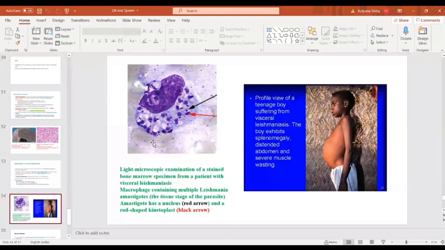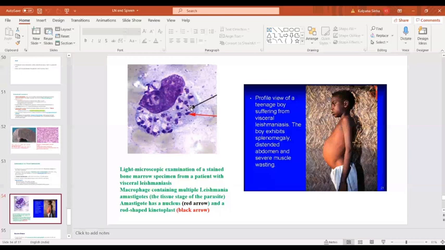You can see this is a bone marrow aspirate. I did not get a picture from the spleen, so I'm showing it from the bone marrow aspirate. This is one of the histiocytes which is infected by Leishmania organism. This is the amastigote form of the protozoa. You can see there is one kinetoplast; this red arrow is the nucleus, and this black arrow is the kinetoplast, and this is the organism.